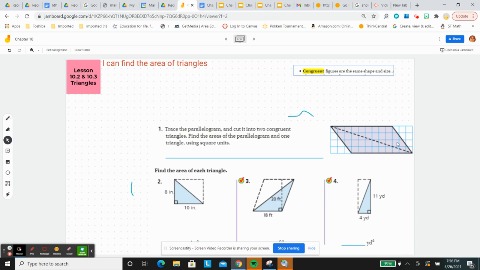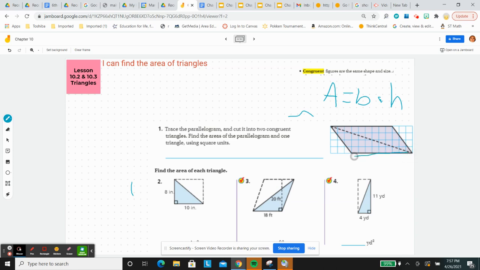So let's talk about this. Let's take a look here at number one. If I were to find the area of this parallelogram, I'm going to count my spaces down here. Remember, to find the area of a parallelogram, its area is equal to base times the height. So the base in this case is 1, 2, 3, 4, 5, 6, 7, 8, 9.